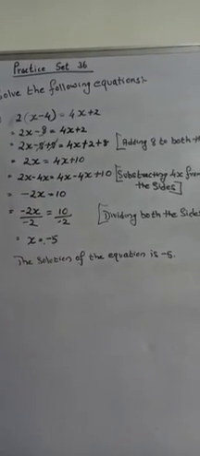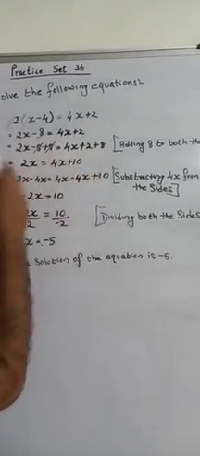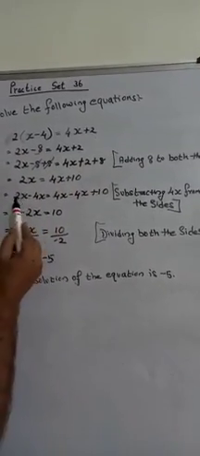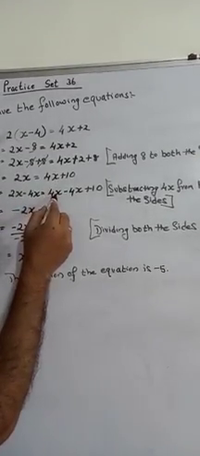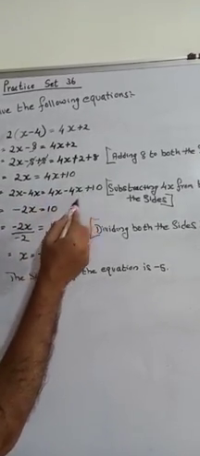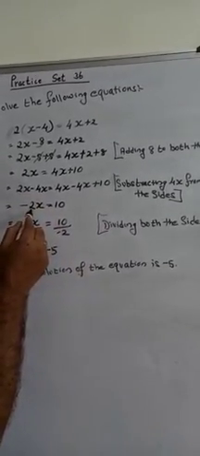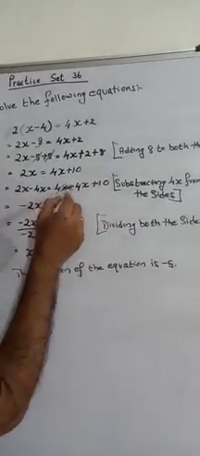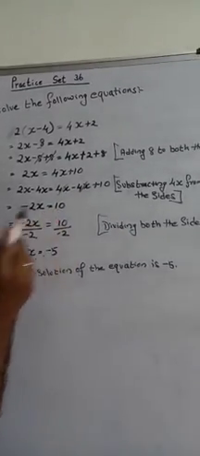Now we'll subtract 4x from both the sides, on the right hand side as well as on the left hand side. So 2x minus 4x, and here 4x minus 4x plus 10. So 2x minus 4x comes up to minus 2x, and 4x gets cut. So what's left? 10. So minus 2x is equal to 10.